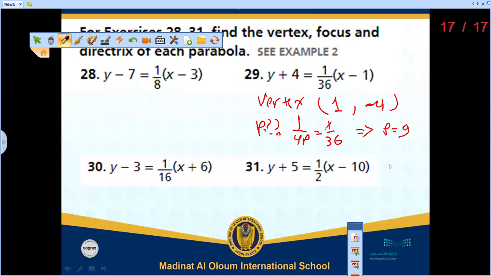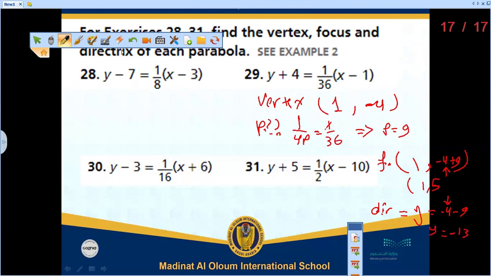To get the focus, I'll add this 9 to y of the vertex, negative 4 plus 9. And to get the directrix, y equal, here add, here subtract, negative 4 minus 9. Look, focus add, directrix subtract. My focus is 1 and 5, and my directrix is y equal negative 13.